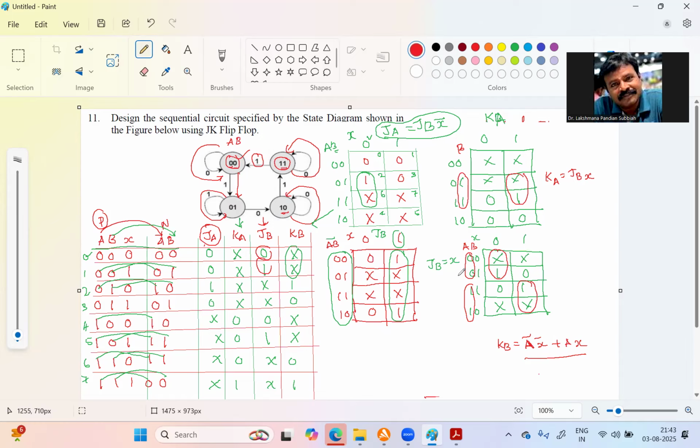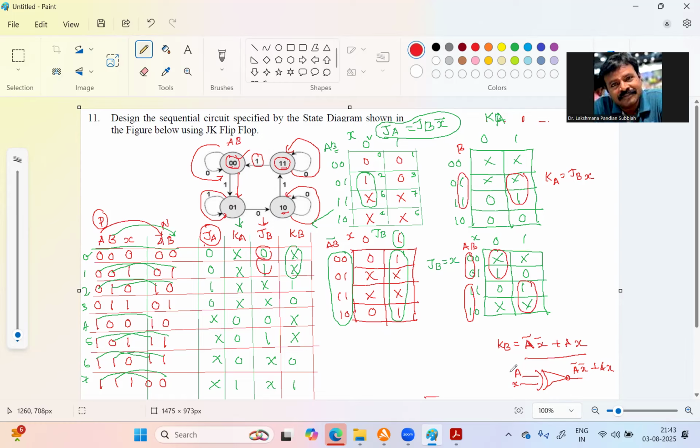So if you are drawing exclusive NOR, right? Exclusive NOR of A and X, this is A, this is X. You are getting the output as A bar X bar plus AX. This is the output for exclusive NOR, right?